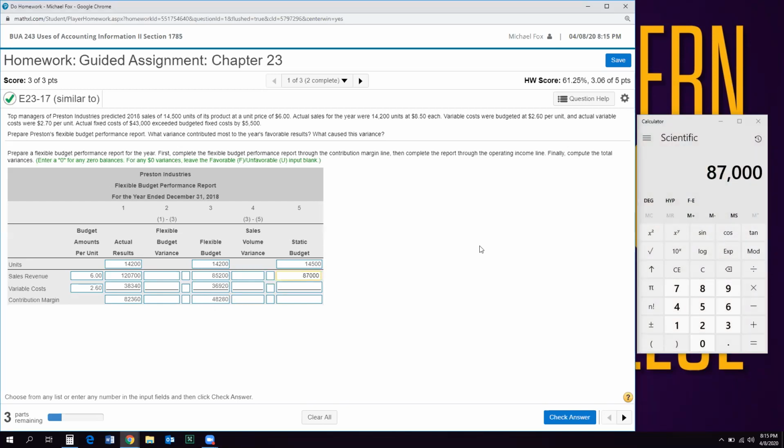Variable cost is 14,500 units times $2.60, the budgeted variable cost, which is 37,700. Our contribution margin will be 87,000 minus 37,700, or 49,300.